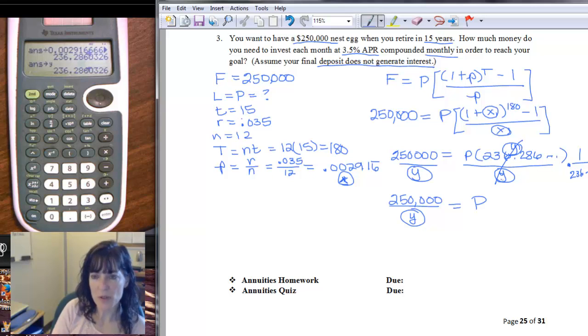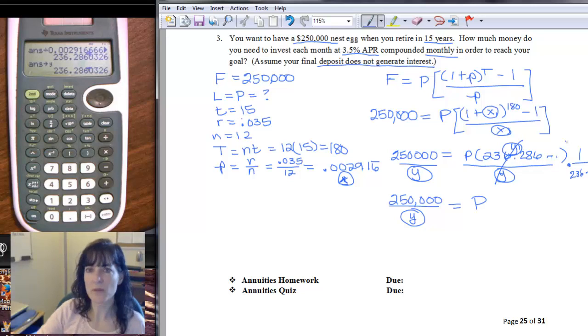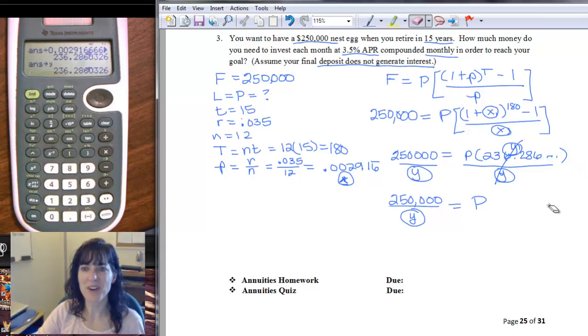And these, of course, reduce, and so I have, let me erase this so I don't get too confused. This is my other method here. So I divide both sides by this Y, what I stored in Y, and then that means I have to do the 250,000 divided by the Y, which is what I have written down here.